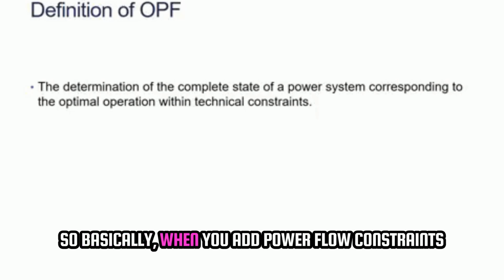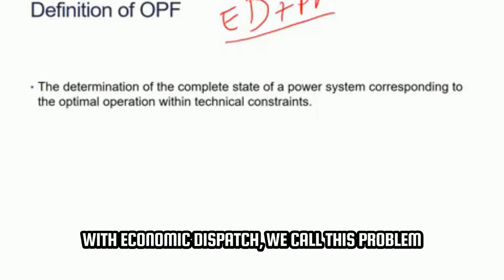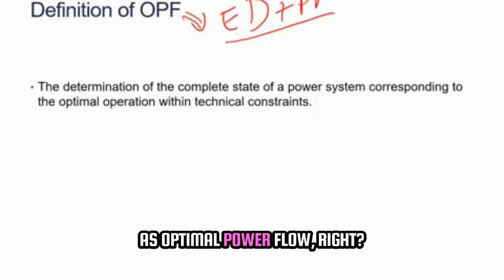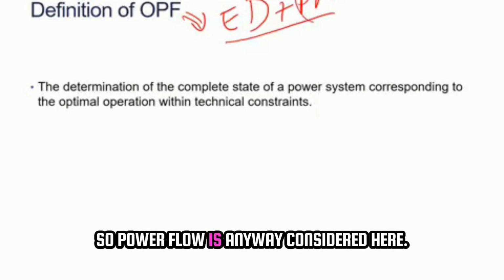So basically, when you add power flow constraints to economic dispatch, we call this problem optimal power flow. Just by the name, you can imagine it is optimal power flow, so power flow is anyway considered here.